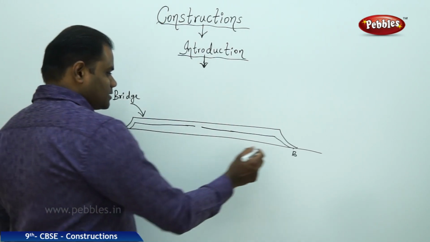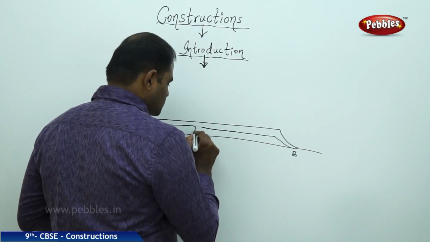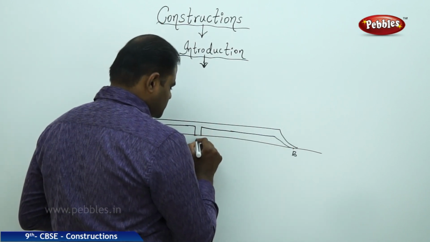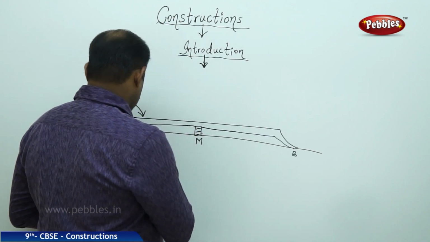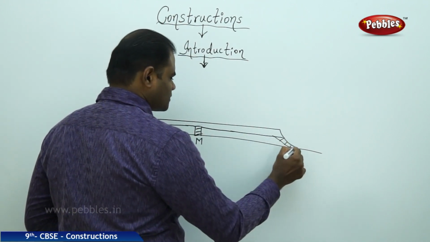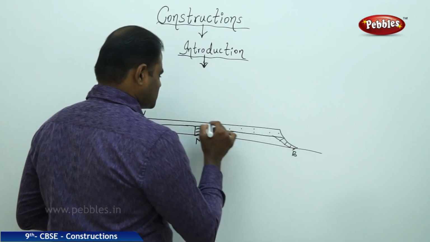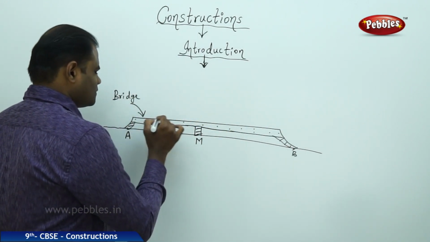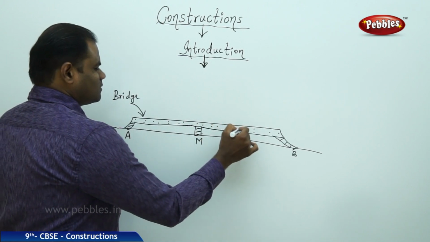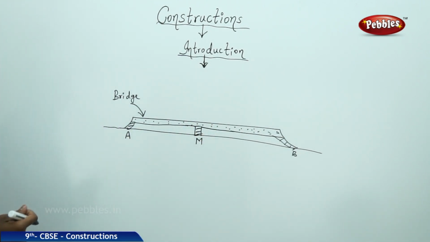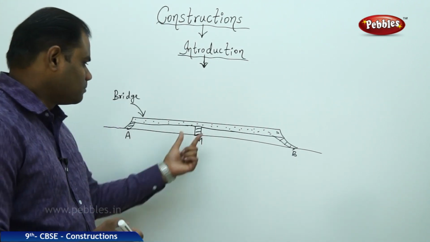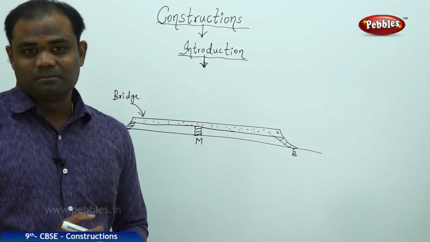So he takes the line AB and tries to measure the midpoint, which is at this point. And then he uses the pillars and constructs a bridge out here. So here is the bridge supported by the pillar exactly in the middle.